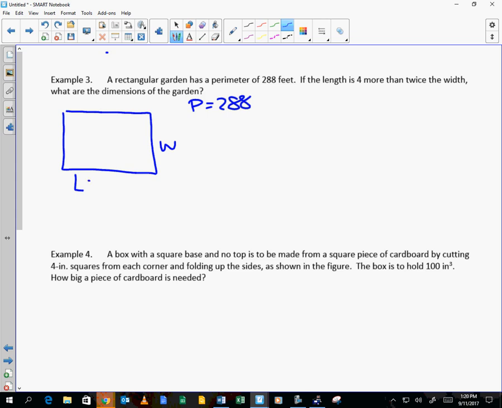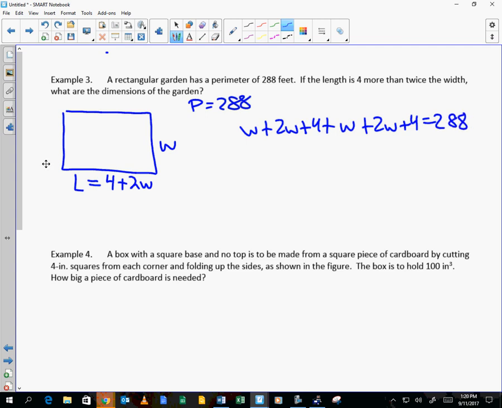The length is 4 more than twice the width. Like, it's there. All right, so what do I do? Add them all together. W plus 2W plus 4 plus another W plus 2W plus 4 is 288.